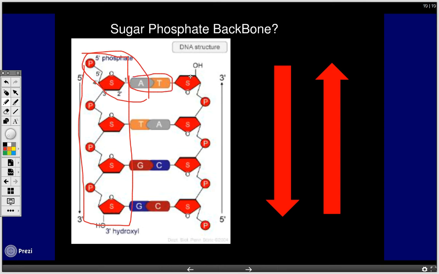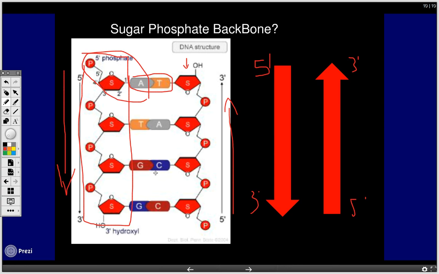This one looks upside down because, again, it is upside down. We've got the 5' side on this side running in this direction, and on this other side, the 5' side is running in this upwards direction. So again, these ones would be upside down, and we've got a 5' down to a 3', and a 3' down to a 5'. So all anti-parallel.